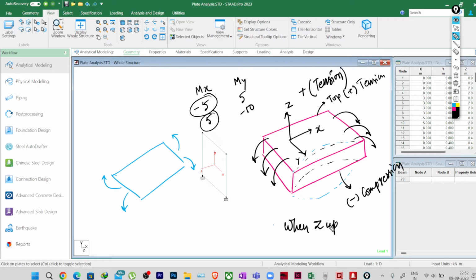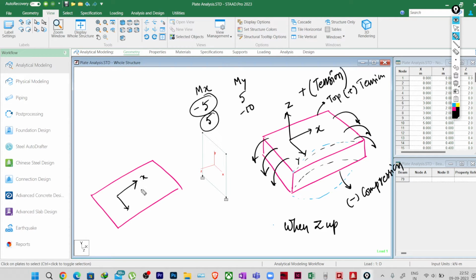Okay, similarly, suppose I draw another plate here itself, and I have the z-axis downwards.